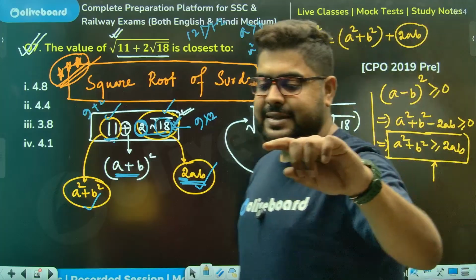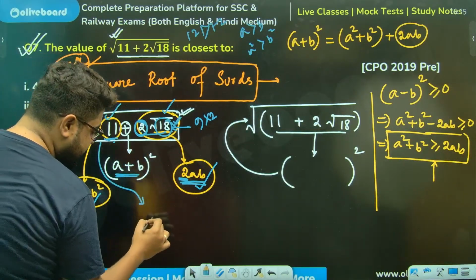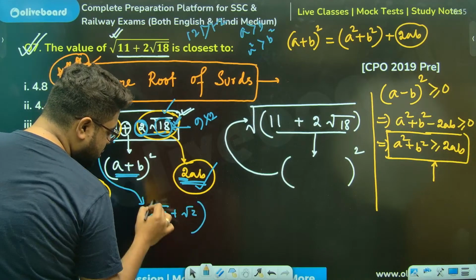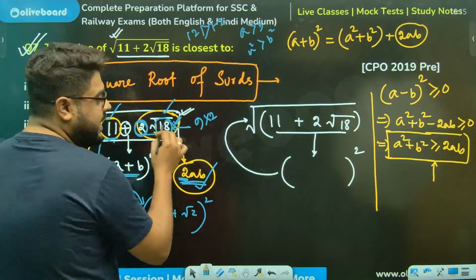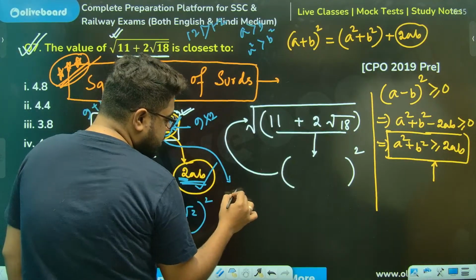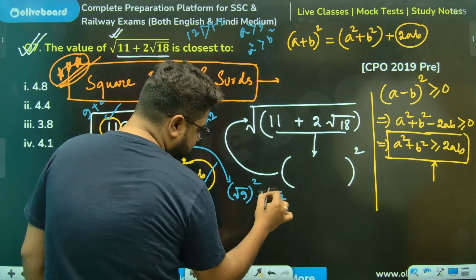So meaning I can say this thing is root 9 plus root 2 whole square, sir. Or if you don't want to jump that much, you write 11 as root 9 square plus root 2 square.